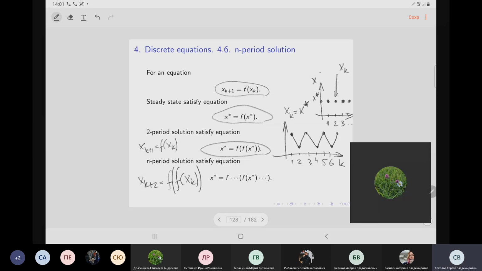So if xk is xk plus 2, like these even and odd numbers, then the equation xs is f of xs must be valid. And in general case, the n-period solution must satisfy the last equation.